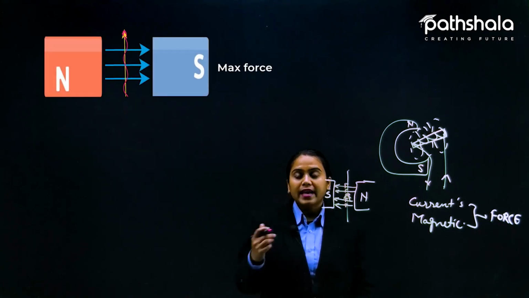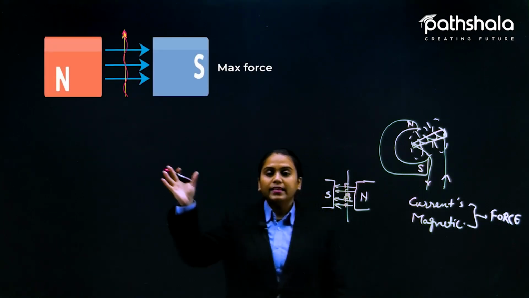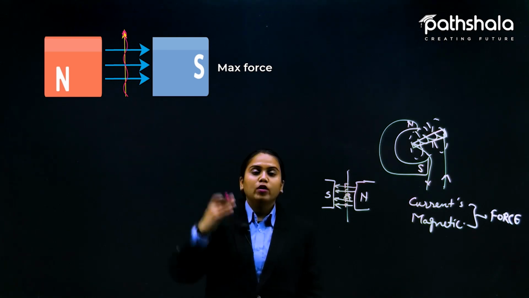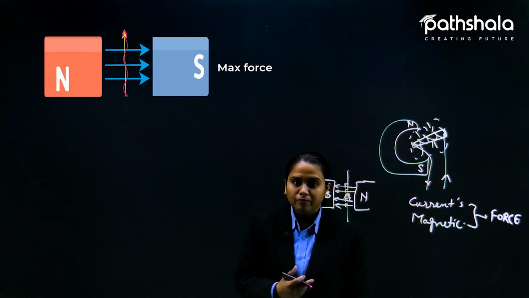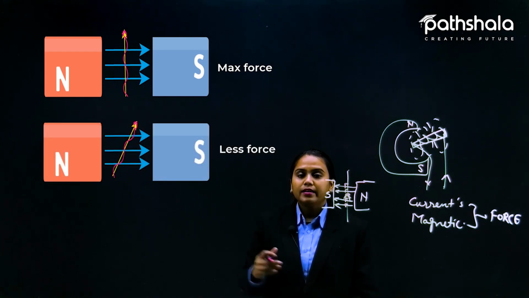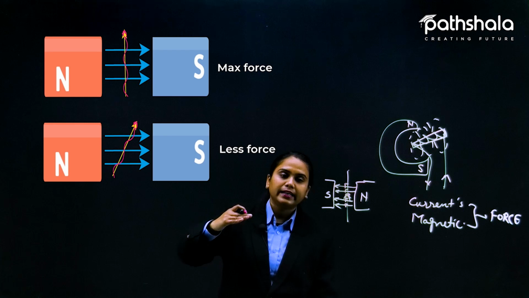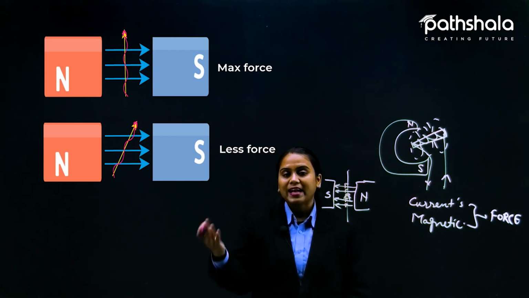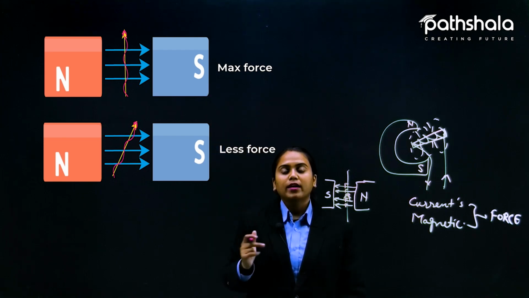So with the next diagram, I can show you like this. See, here the direction is 90°, so it is going to feel maximum force at this time. When it is slightly tilted, it is feeling a certain force but not the maximum, like in the above condition.